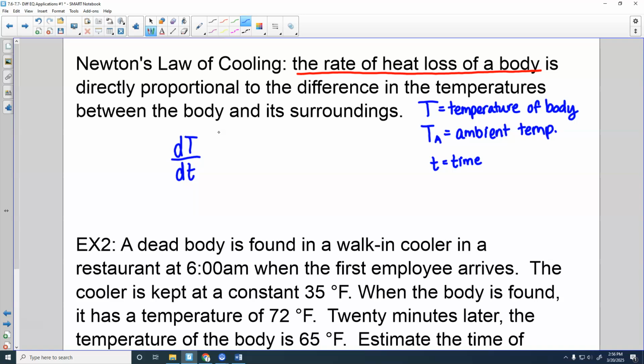It actually works for temperature increases as well. But in this case, we're looking at heat loss. Is directly proportional to, so directly proportional to is where we do k times something. And it's directly proportional to the difference in the temperatures between the body and its surroundings.